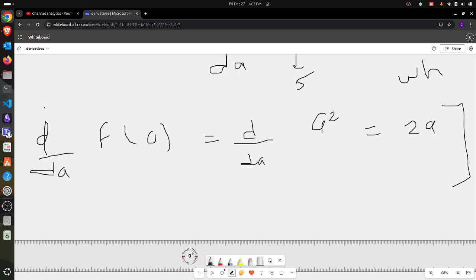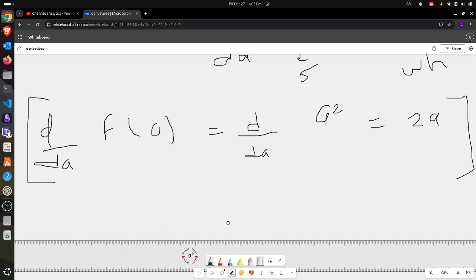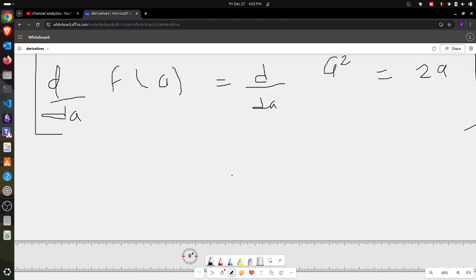This is what you are going to find in the textbook. And if you nudge a by 0.001, then you will expect f of a to go up by 2a times that amount. That's what this means. That's all it is.